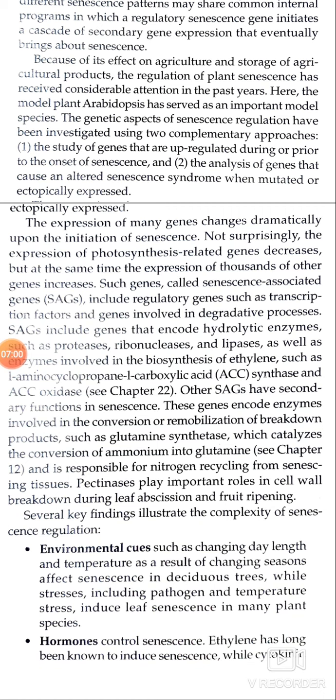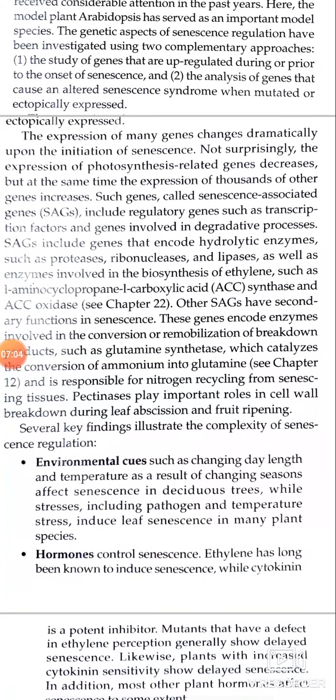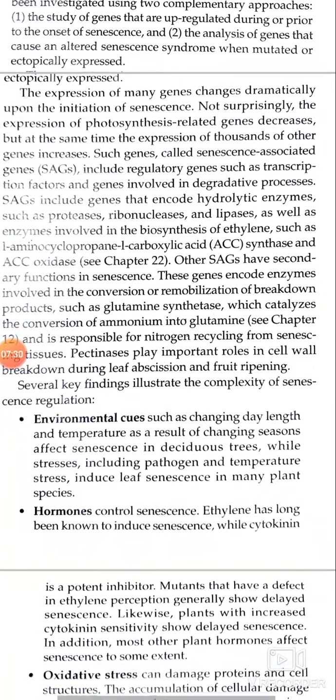Ethylene has long been known to induce senescence, while cytokinin is a potential inhibitor. Mutants that have a defect in ethylene perception generally show delayed senescence. Likewise, plants with increased cytokinin sensitivity show delayed senescence. In addition, most other plant hormones affect senescence to some extent.